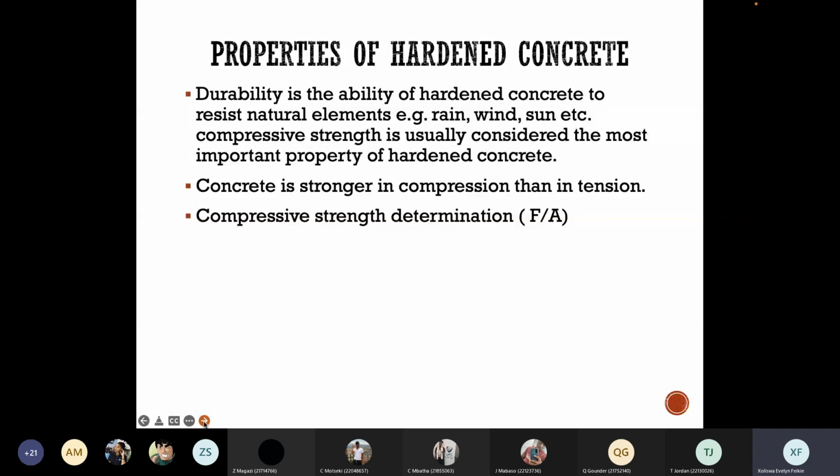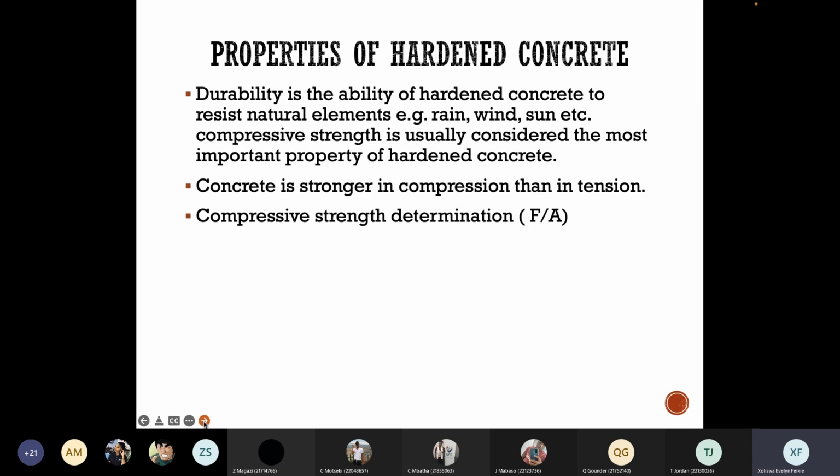Right. So when we spoke about hardened concrete, we said that we really focus on durability, which is the ability of hardened concrete to resist the natural elements. Which are those natural elements? Rain, wind, the sun, and so forth.